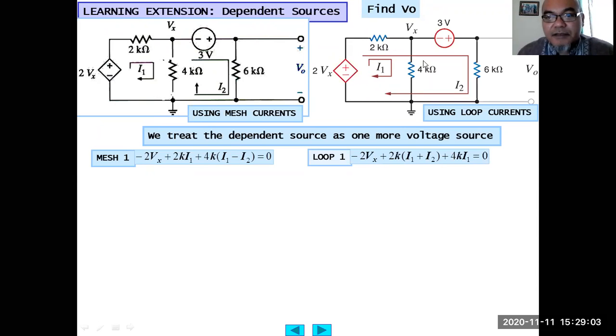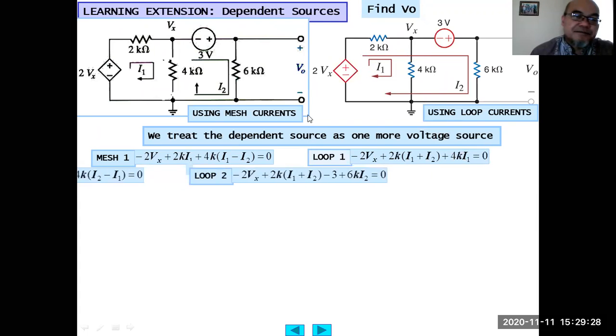If we use the other method, then negative 2 Vx plus 2k (I1 plus I2), because in this 2 kilo ohm resistor two currents flow, I1 and I2, while at the 4 kilo ohm resistor only one current flows, I1. This is because it uses one mesh current and one loop current.